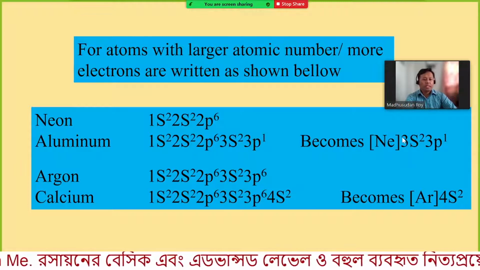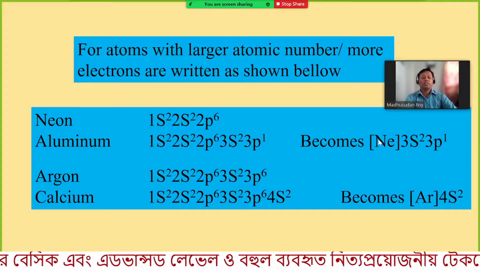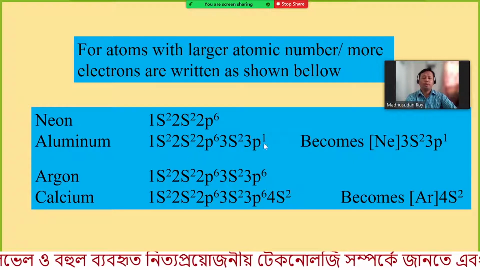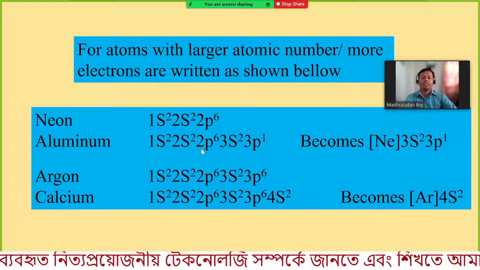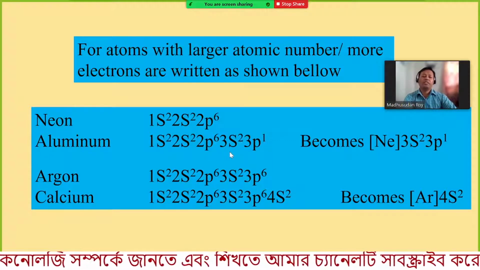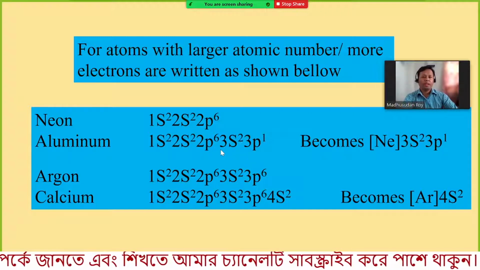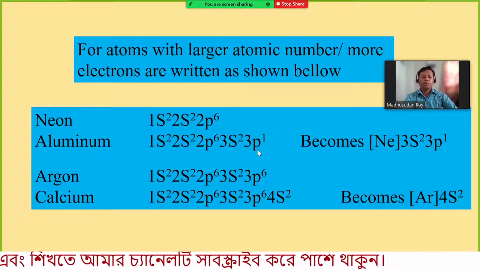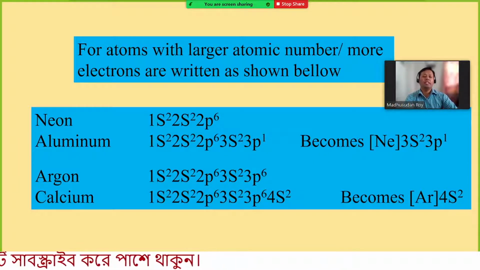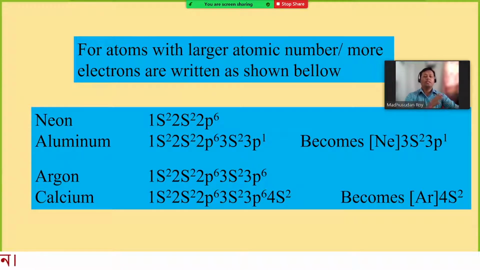This is the filled part, that means this is the neon core. If you want to find the valency of aluminium, you need to find the number of electrons in the outermost shell. If it has 1, 2, 3, 4 electrons, then the valency of that element or atom corresponds to the number of electrons in the outermost shell.